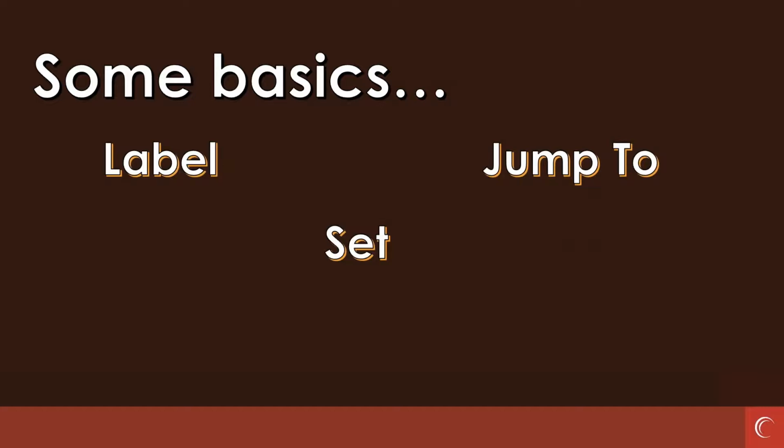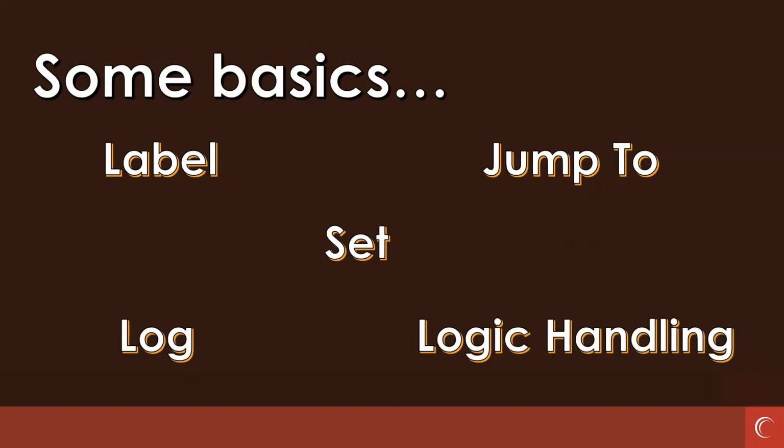And set allows you to create a value that you can call upon for logic and other features. You can also insert collected information into the activity log automatically. And we can add logic handling, where all the magic happens. There you can use if, else for true, false values, and the case statements for when there are multiple choices.